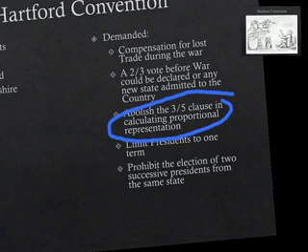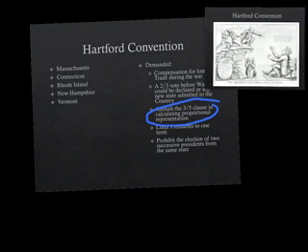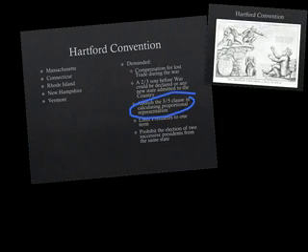Higher representation in the Electoral College leads then to a Virginia Dynasty. So anyway, that was the Hartford Convention. But as the War of 1812 winds down and is won by the United States, some of this kind of dies down as well.